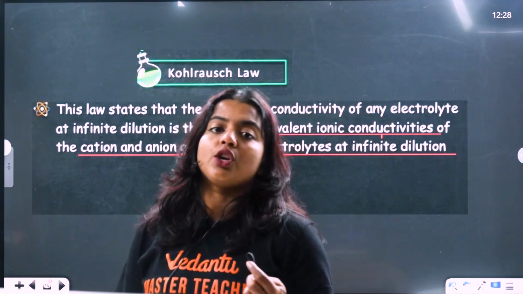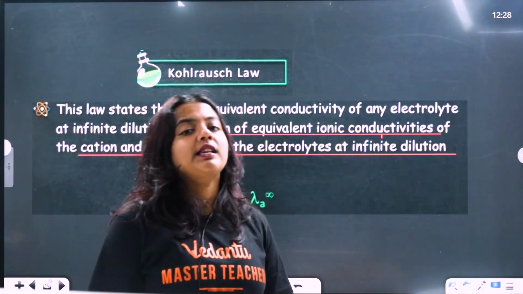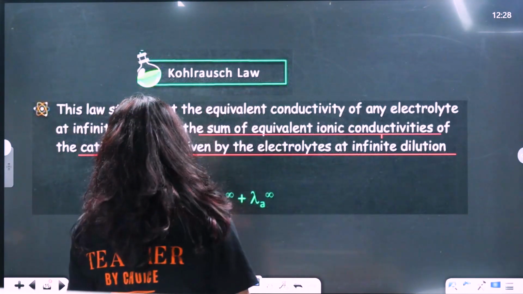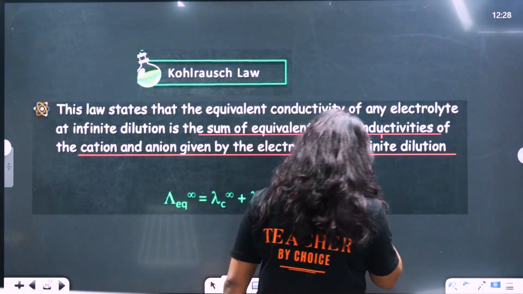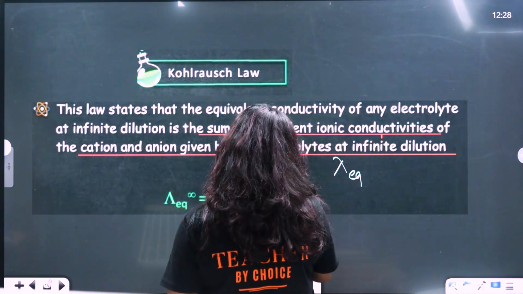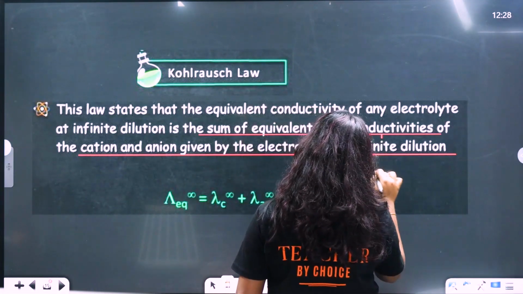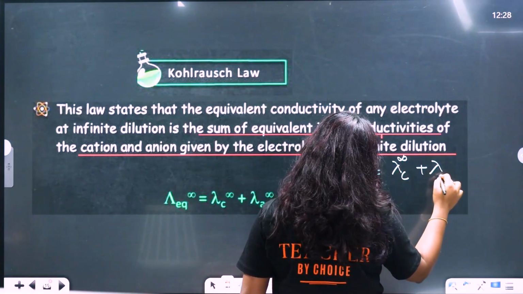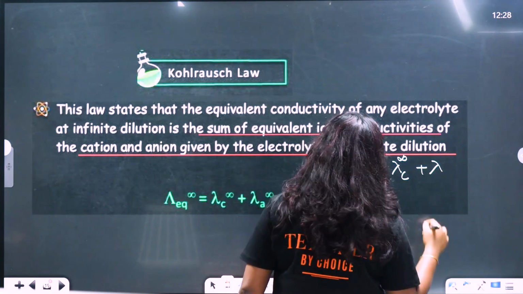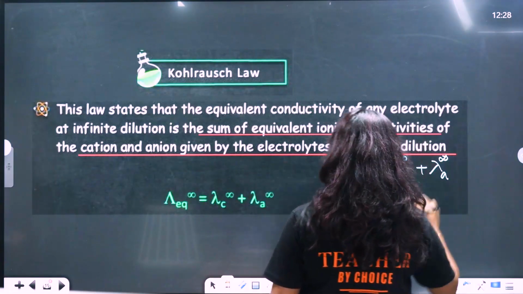Equivalent conductance is equal to the total of the ionic conductances of the cations plus the ionic conductances of the anions, which means we can write it as the equivalent conductivity at infinite dilution, that is, the conductivities of the cations and the conductivities of the anions at infinite dilution.